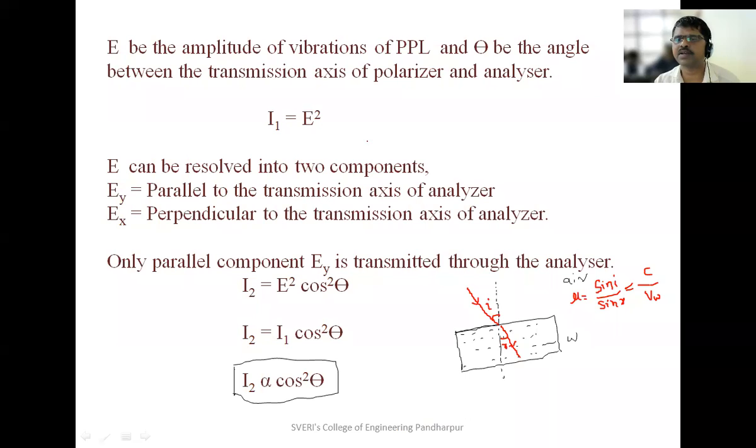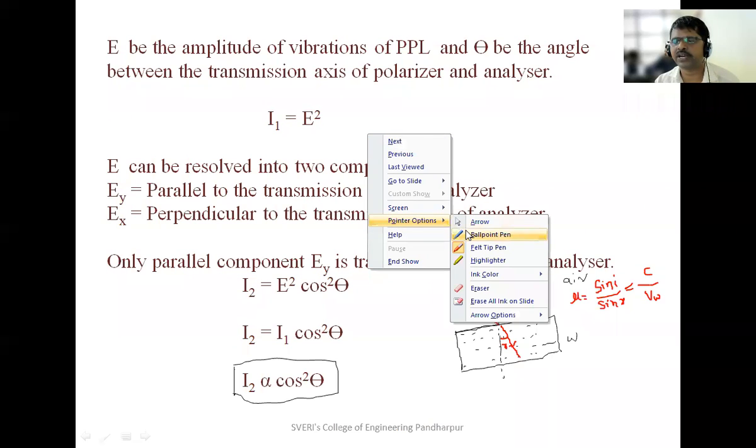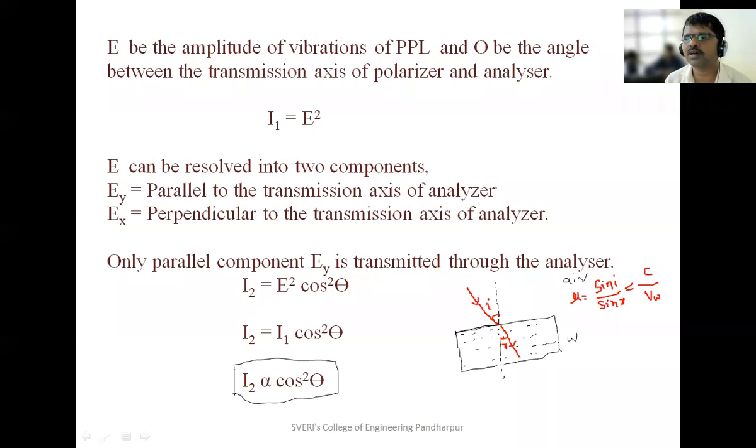Take another example of double refraction. If a ray of light is incident on an anisotropic medium. Examples of anisotropic media: calcite crystal, quartz crystal. These are examples of which medium? Anisotropic media.